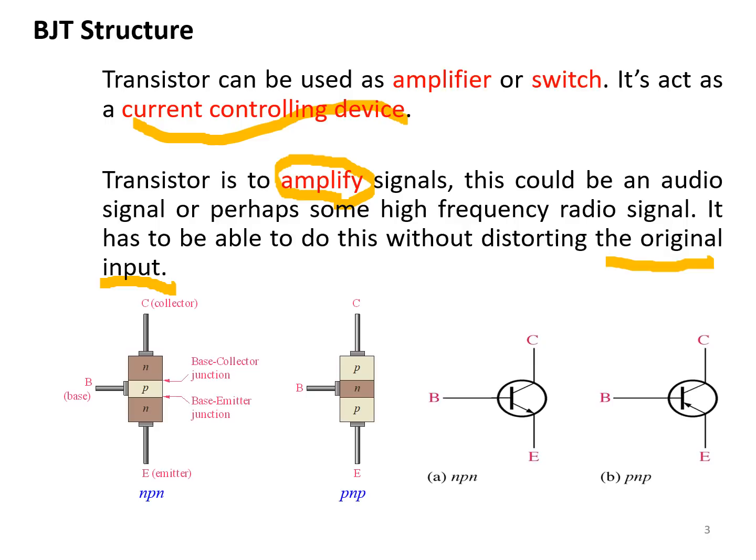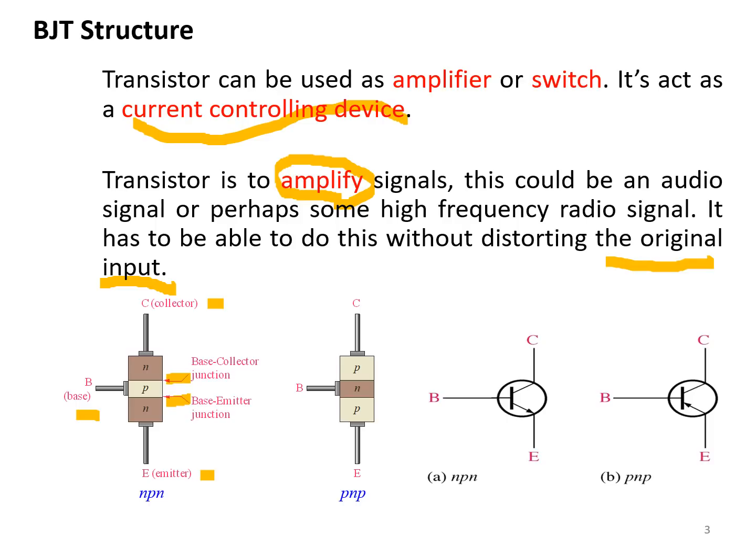BJT has three doped semiconductor regions: emitter, base, and collector. You write down E for emitter, B for base, and C for collector. And BJT is separated by two PN junctions, base collector junctions, and base emitter junctions.